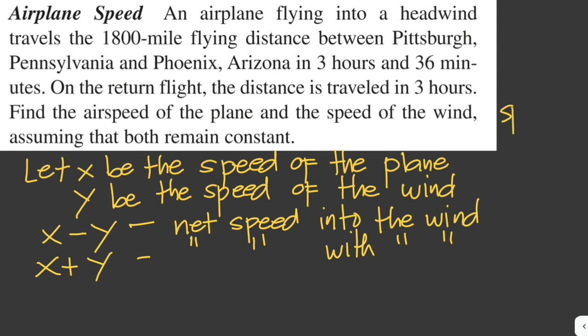We know that speed is equal to distance over time. So that means distance is just equal to speed times time. So we're given here the number of hours and minutes when the airplane was flying into the headwind, and then on the return flight, it's in 3 hours.